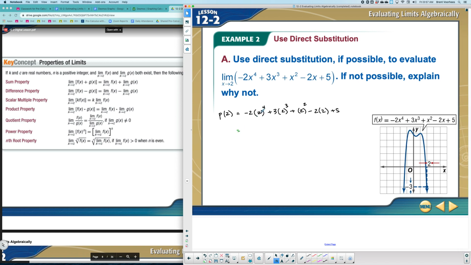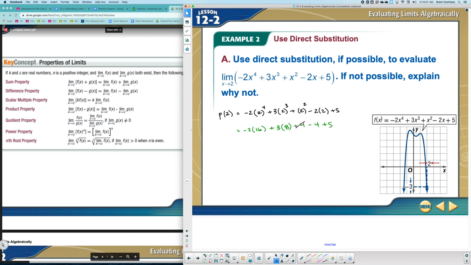2 to the 4th power, that's going to be 16. 2 times 2 is 4, times another 2 is 8, times one more 2 is 16. So it's negative 2 times 16, plus 3 times 2 cubed is 8. 2 times 2 times 2 is 8, plus 2 squared is 4, minus 2 times 2, which is minus 4, plus 5.